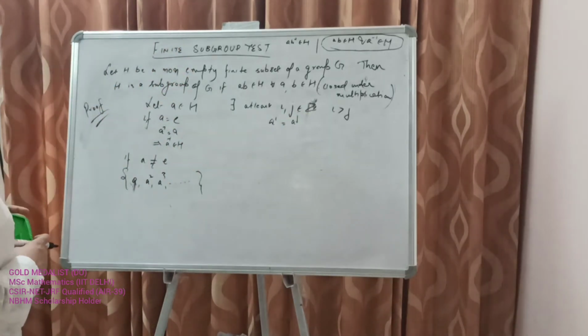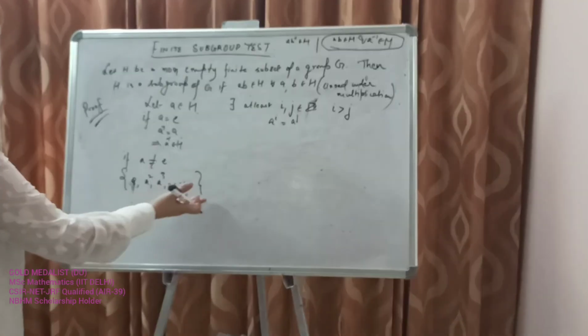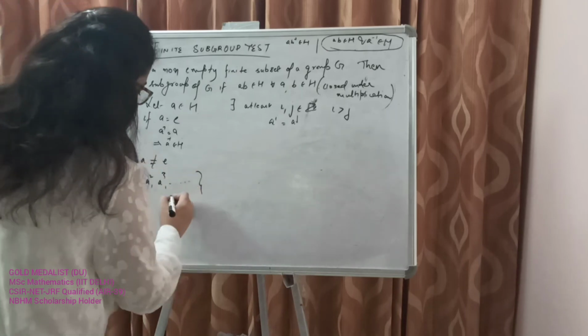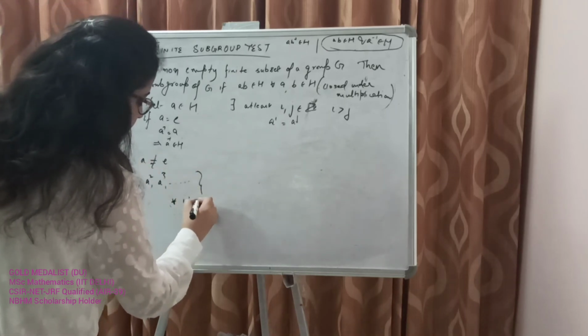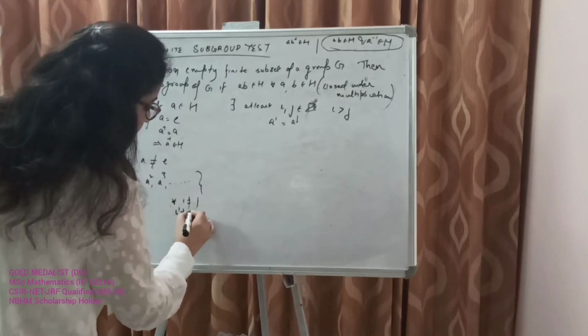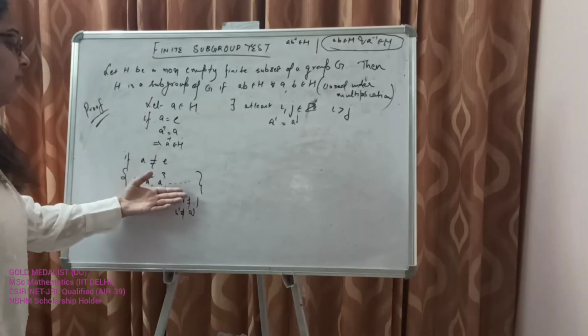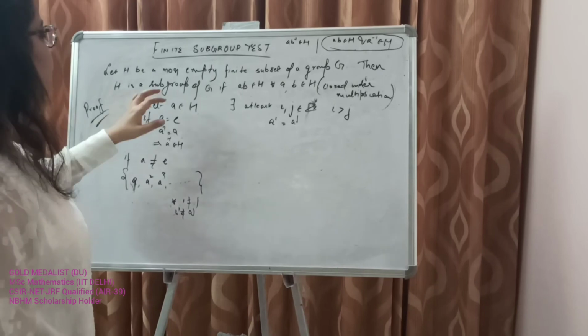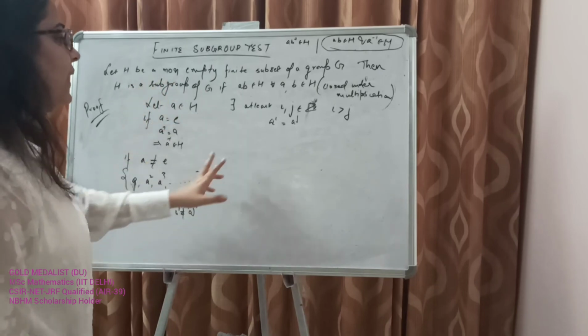Otherwise, if A power I is not equal to A power j for every I not equal to j, then this will become an infinite subset of G. So we know that H is finite.